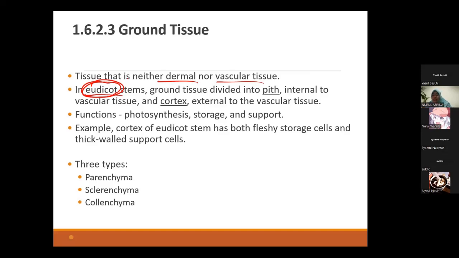So in eudicote stem, the ground tissue is divided into pith, which is located internal to the vascular tissue, and the second part is cortex. So the cortex is located external to the vascular tissue. Okay, madam tak faham lah yang mana ya?